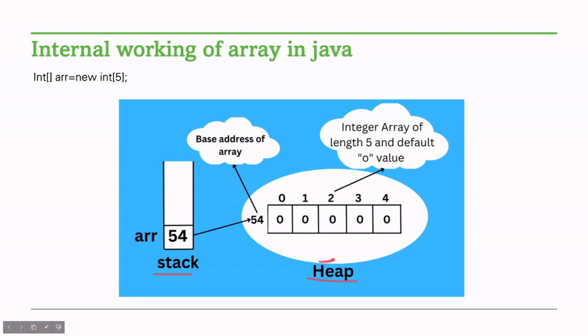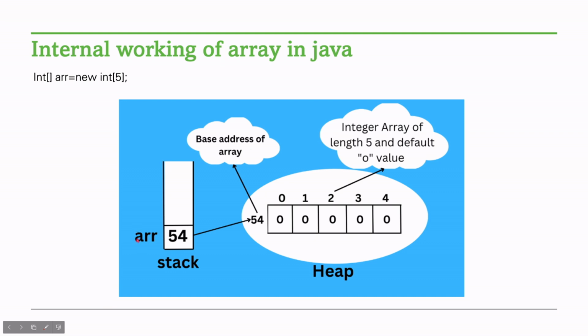Heap is used to store the objects, and stack is used to store the local variables and their references. Stack is also used to store different information like the method return type, and where to return from. But as of now, for this example, let us say only variables, we will see about the variables.